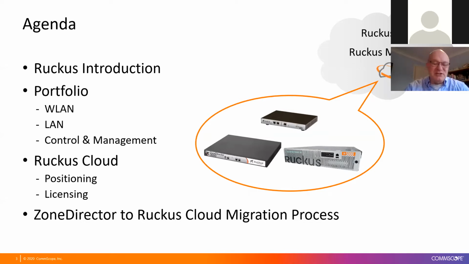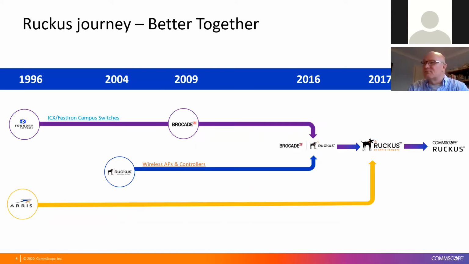We'll look at positioning. We'll look at licensing, how that works and how easy that actually is. And then more specifically from a technical point of view, being a technical family distributor day, we're going to look at how you would take ZoneDirector access points and move them onto RUCKUS Cloud. That should take us through, and we'll see how we go on Q&A.